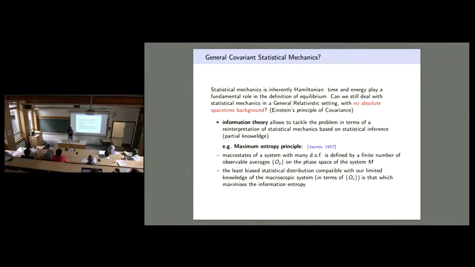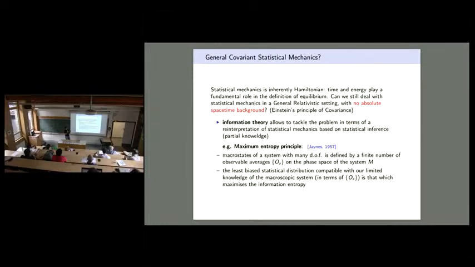I also want to generalize this to fields, so I want to use configurations which are not points, like in classical mechanics, but sections of some bundle, so they are actually fields over some background.